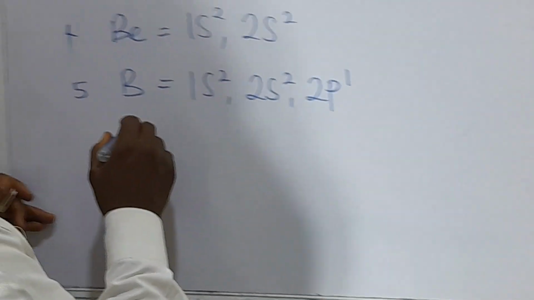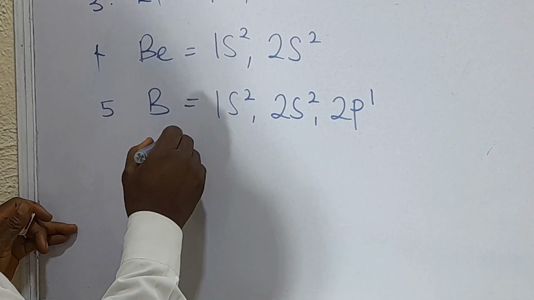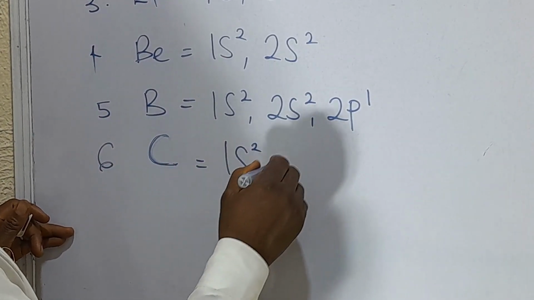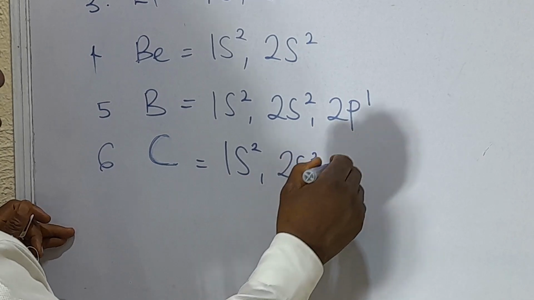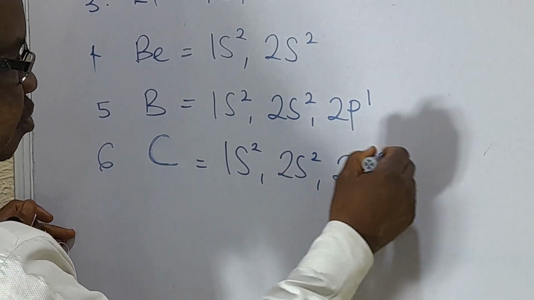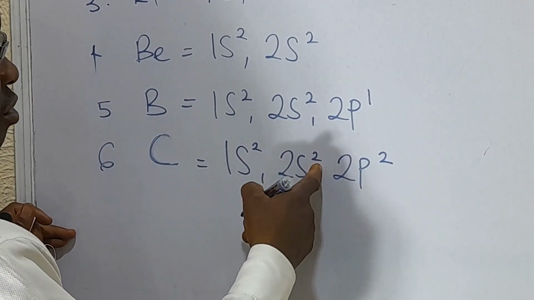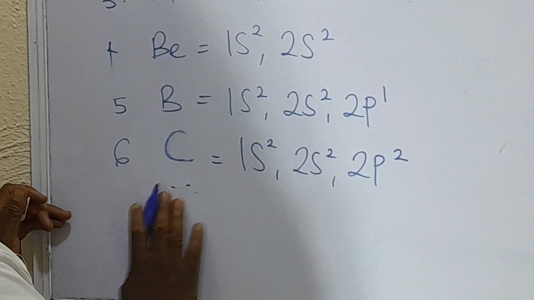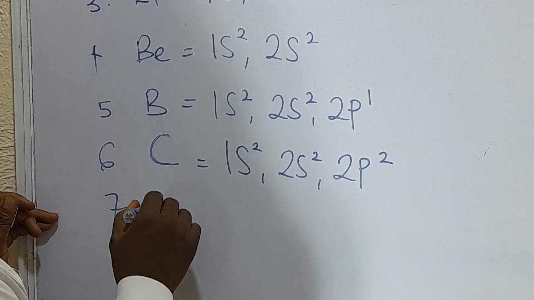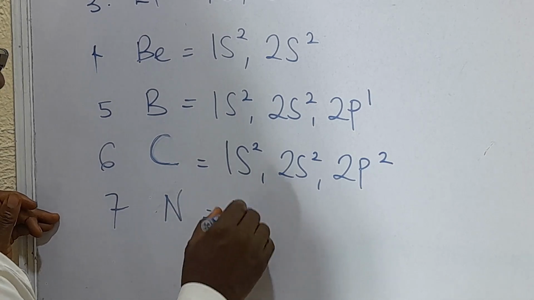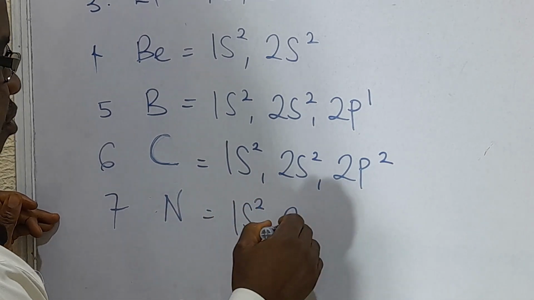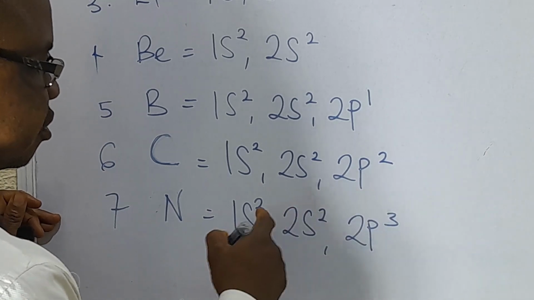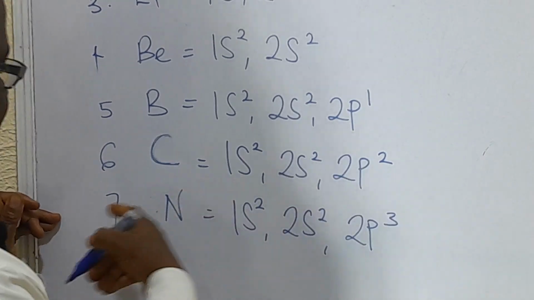So let's look at element number 6, which is carbon. Carbon: we have 1s2, 2s2, 2p2. 2 plus 2 plus 2 gives us 6. Element number 7 is nitrogen: 1s2, 2s2, 2p3. 2 plus 2 plus 3 gives us 7.